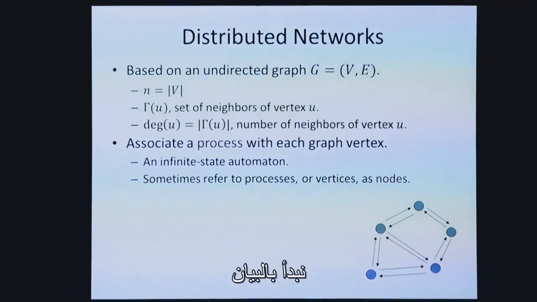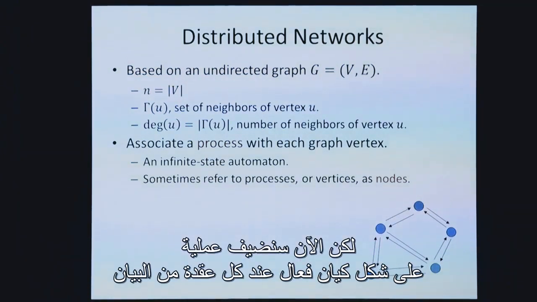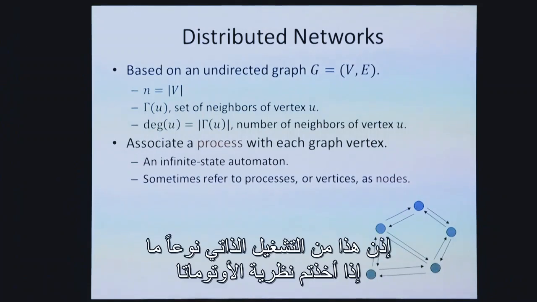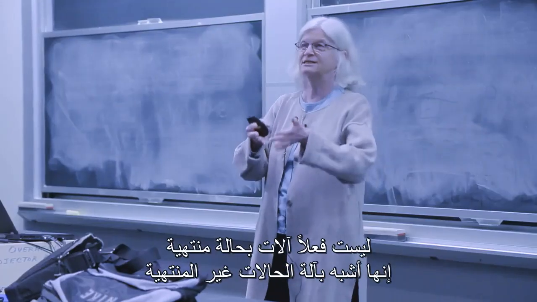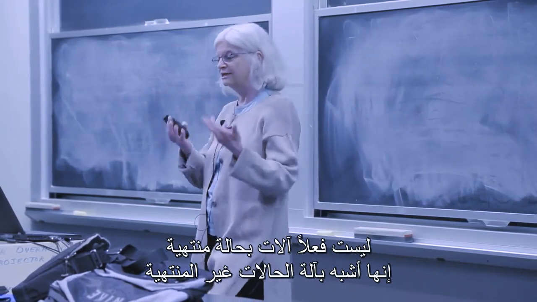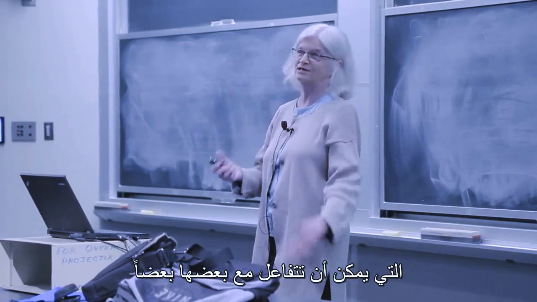Okay, so we start with the graph, but now we're going to plunk down a process, some kind of active entity at each vertex of the graph. So this is some kind of automaton. If you take automata theory, it's not really finite state machines. It's more like infinite state automata that can interact with each other.